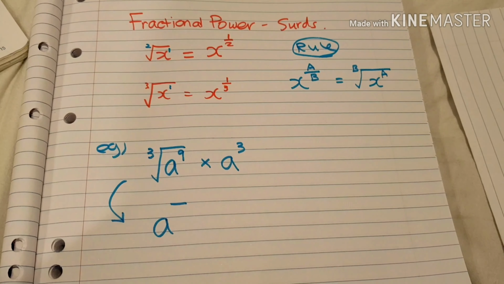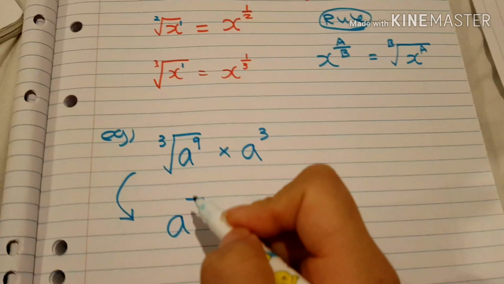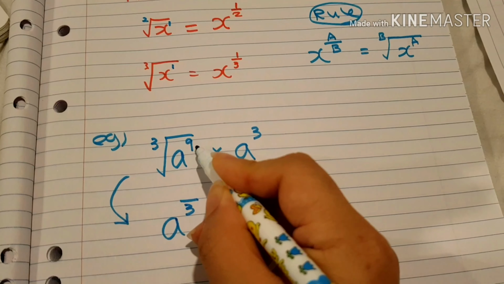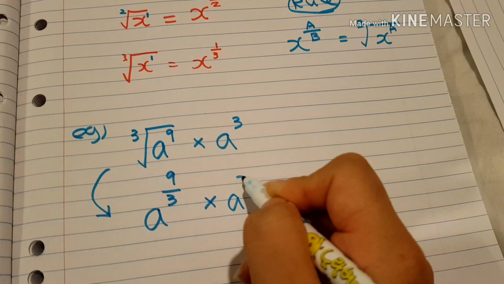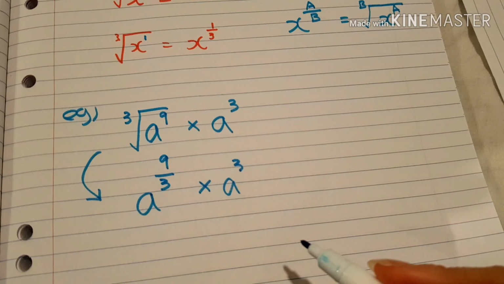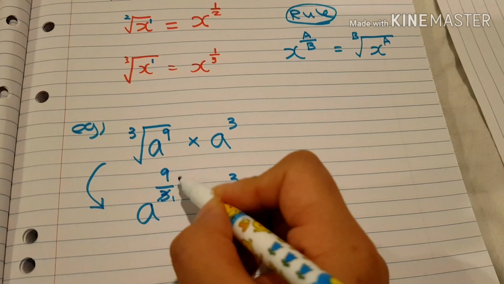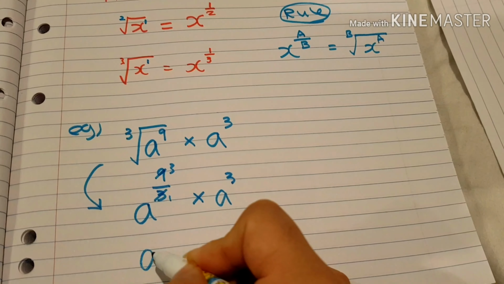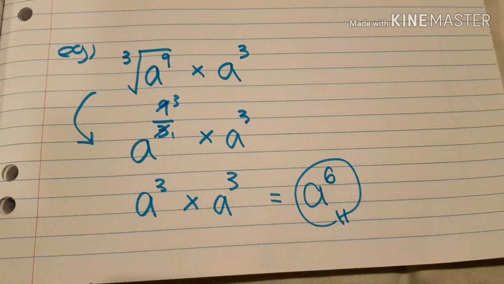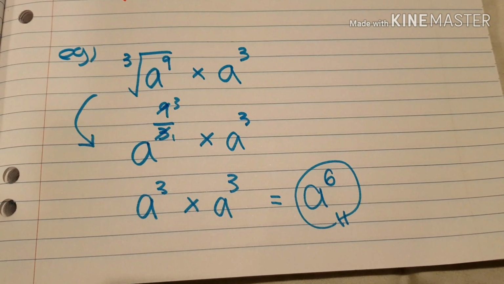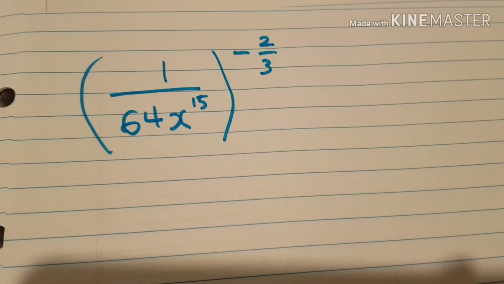Yep, so 3 has to go at the bottom and 9 has to go at the top, and times a to the power 3, I'm just carrying it down. So therefore, what's that? A to the power 3 times a to the power 3 is a to the power 6, because I'm adding the powers of the same base.